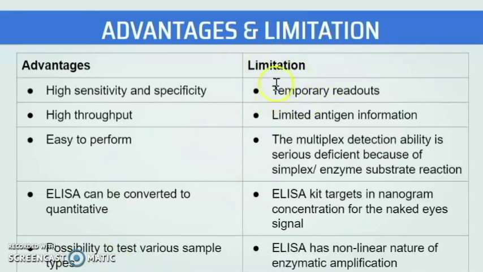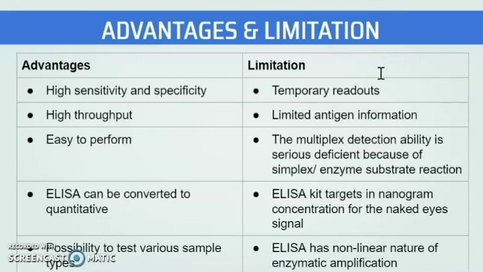Okay, the first one is temporary readout. The detection is based on the enzyme substrate reaction, and therefore the readout must be obtained in a short time span. Then we move on to the second one, which is limited antigen information. It is the same as temporary readout, since the quantification is based on the enzyme substrate reaction, so the time frame for detection is very short.